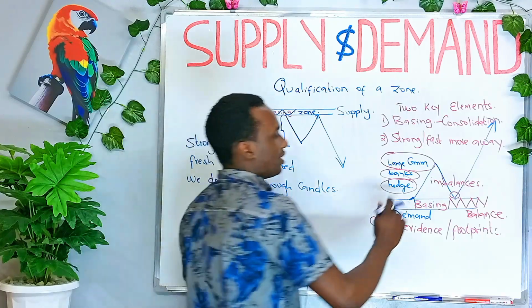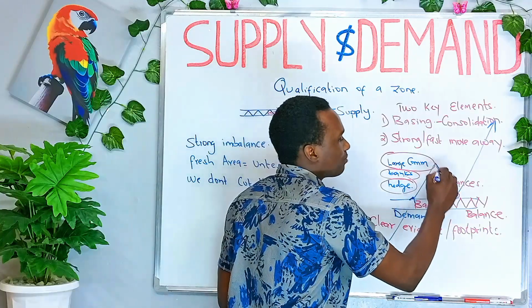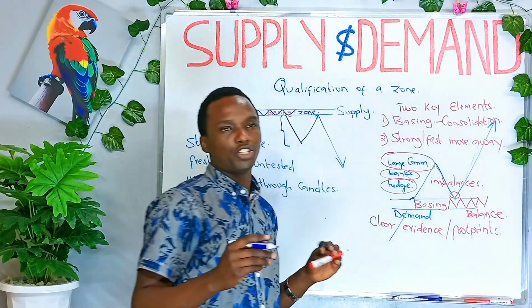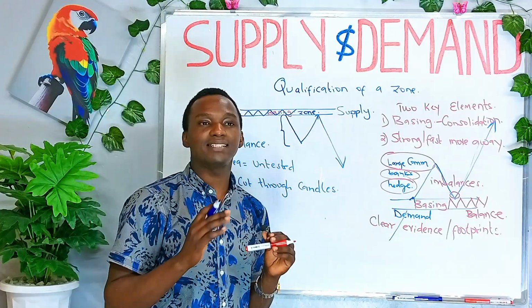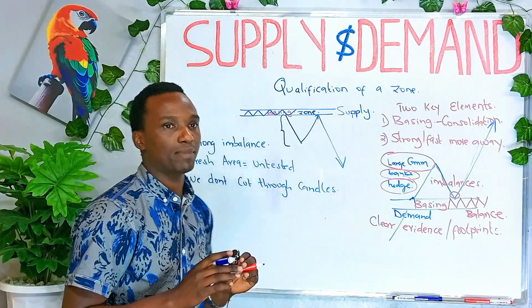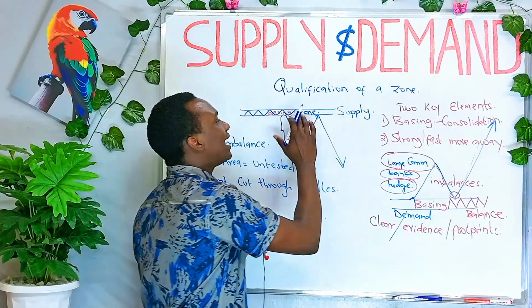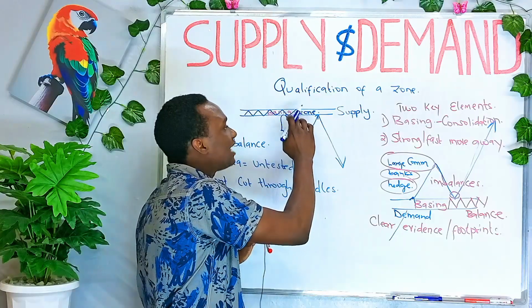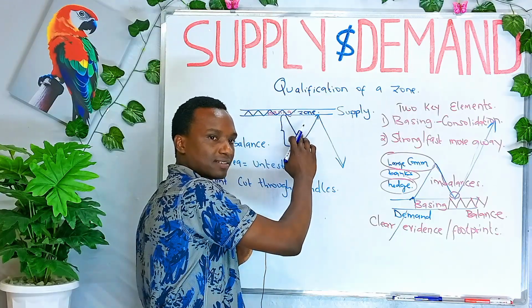Okay, they break out of this zone and come to retest and then shoot in the direction of the initial trend. The supply zone is the exact opposite of the demand zone. Here the sellers will exhaust the buyers, they will absorb them, and price will break out because of this imbalance.